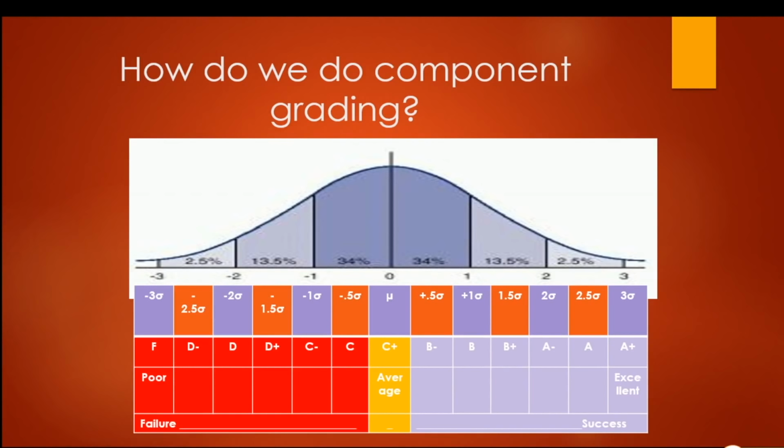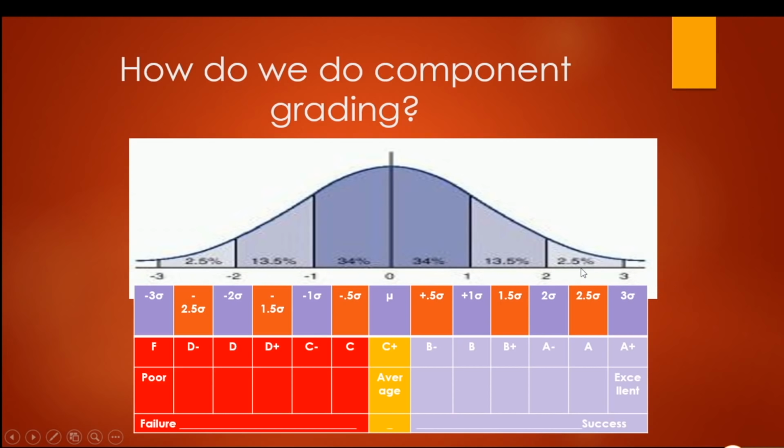Now see, we believe that intelligence is normally distributed. So that means the intelligence of the student to whom we are teaching is normally distributed, wherein there is some percentage of students who are on the lower end, and there are some percentage of the students who are on the higher end.